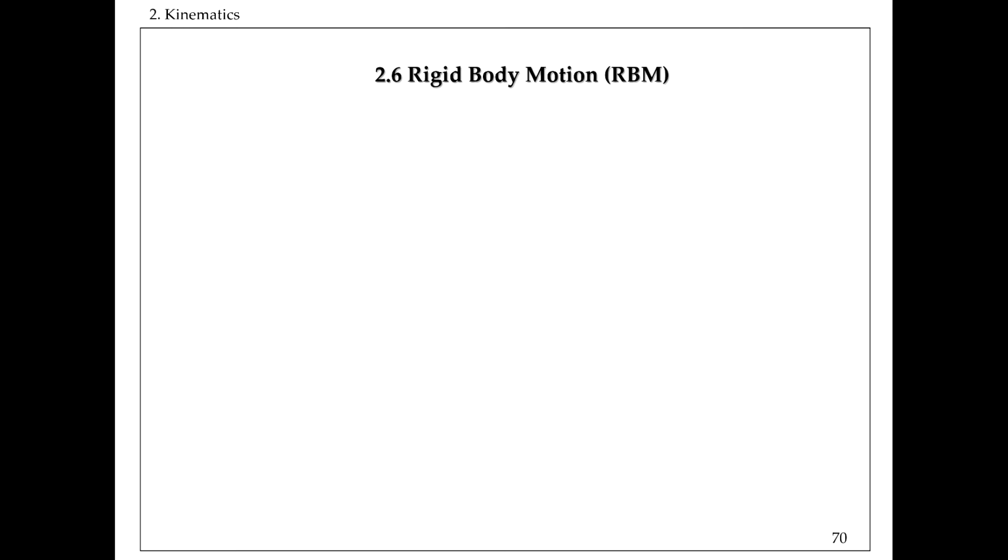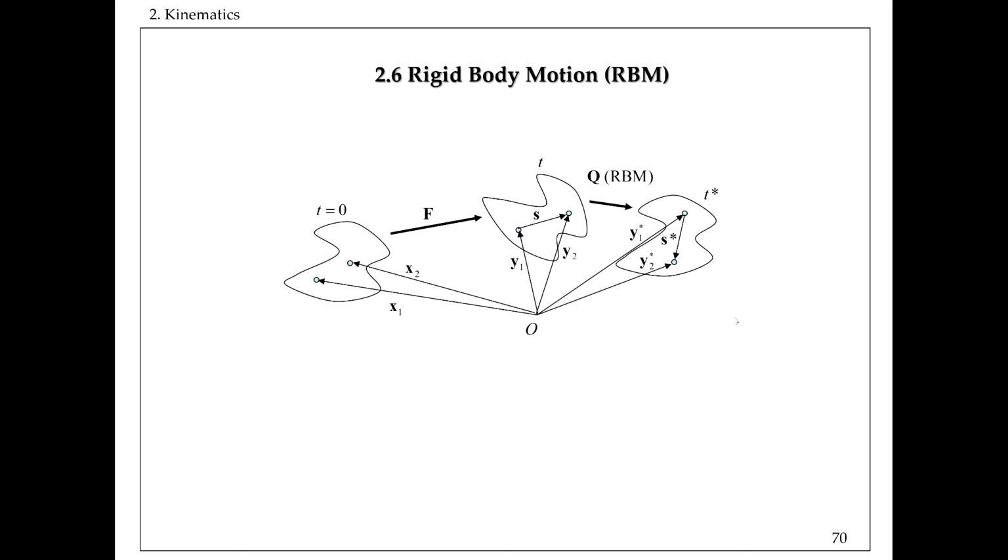So let's first look more specifically at how we can define the rigid body motion. Okay, and so here's our schematic of the typical potato, where we start from the undeformed configuration.